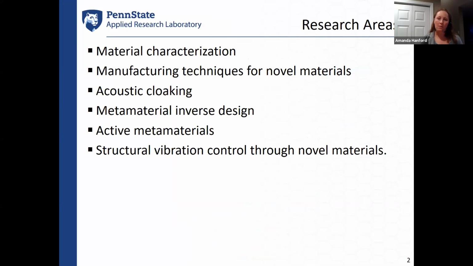We've been doing some interesting things on some non-traditional metamaterial applications such as cloaking. We do inverse design, active metamaterials, and then using novel materials for some kind of sound and vibration control as well. So these are just the broad categories of the kind of work that is involved here in our CAV group.